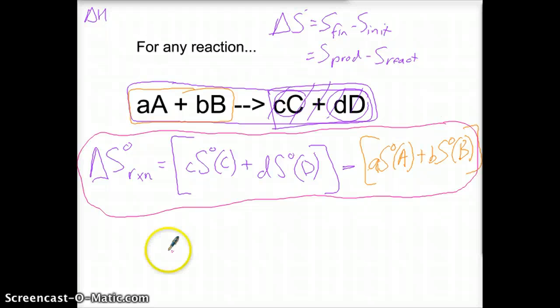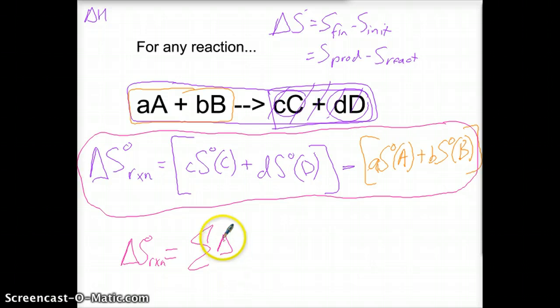You will also see this written as delta S naught of a reaction is equal to, this is what it is on your equation sheet, sigma, sum of the entropies of your products minus sigma entropy of your reactants. This and this are the same thing.